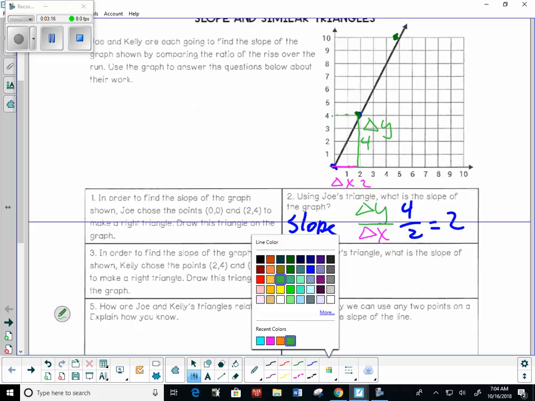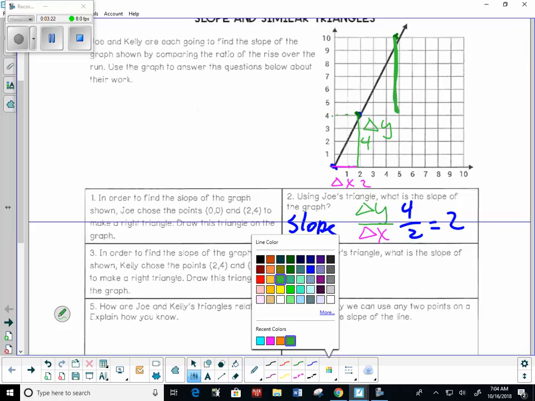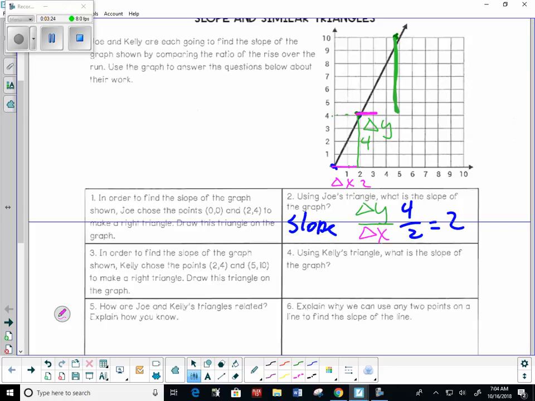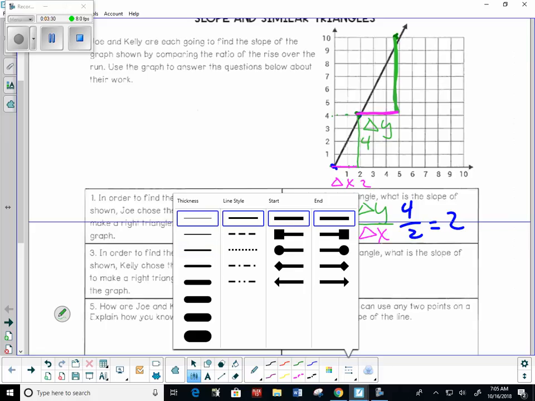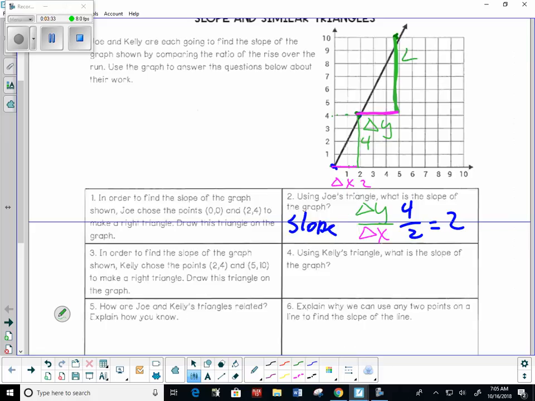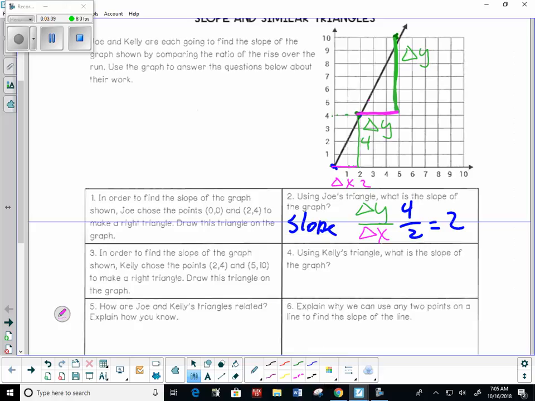Here's our rise, making our right triangle, and here is our run. This is going to be our change in y, our rise, and here's our change in x.